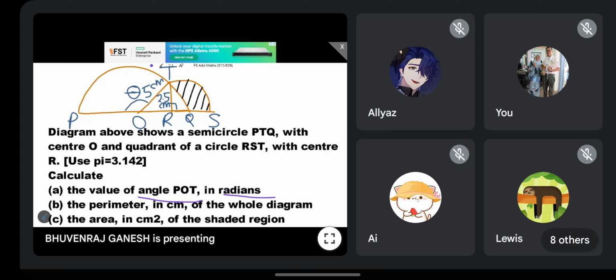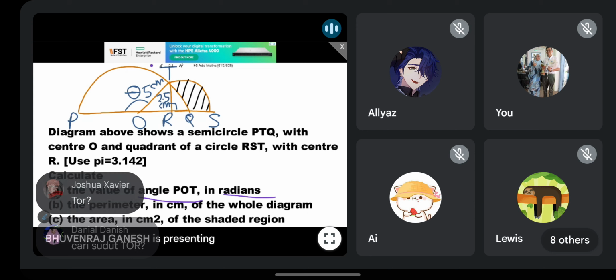So anyone? What angle we must find first? Bagi saya nama sudut. Give me the name of the angle. Which angle I must find first? I want to find theta now, but I cannot find directly.